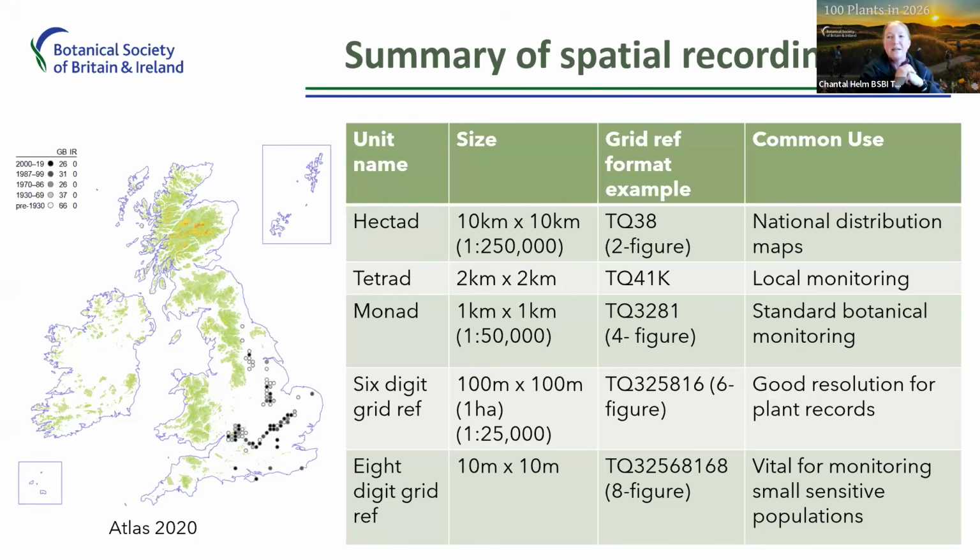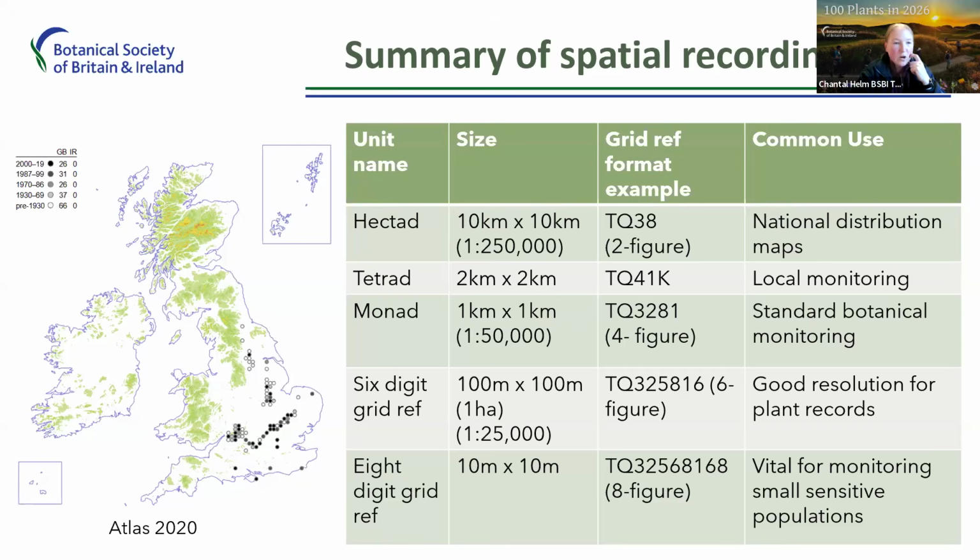It's showing you some of the main spatial recording units that you will encounter whenever you're seeing plant recording or even any other species recording out there. And sort of the lowest resolution recording for many species will be at hectad level, and that would be a 10 by 10 kilometer square.